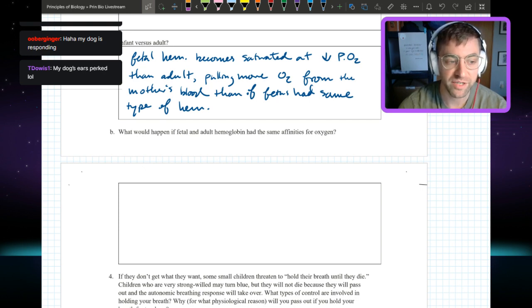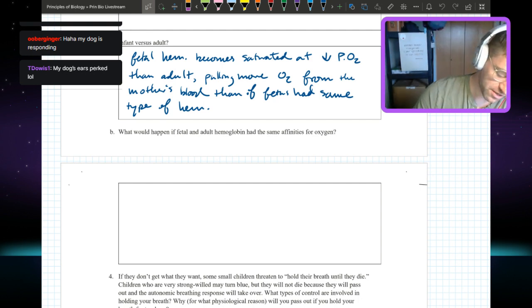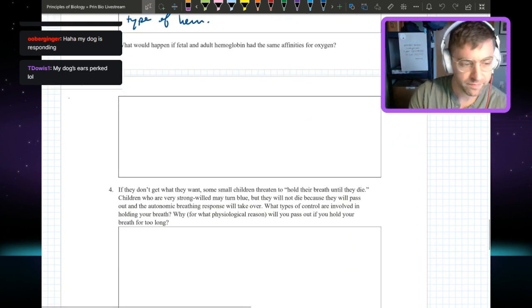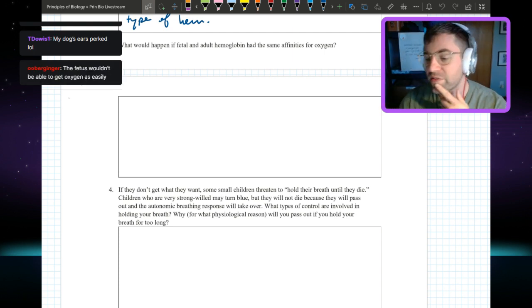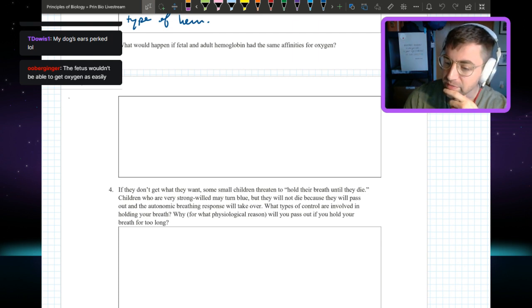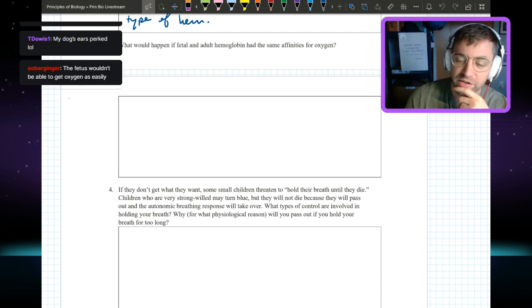What would happen if they reached saturation at the same? No, that's not what they're asking. They're asking if fetal and adult hemoglobin had the same affinities for oxygen. Oh, we have an answer here. Fetus wouldn't be able to get oxygen as easily. I think you're on the right track. Can you tell me a little bit more about why?